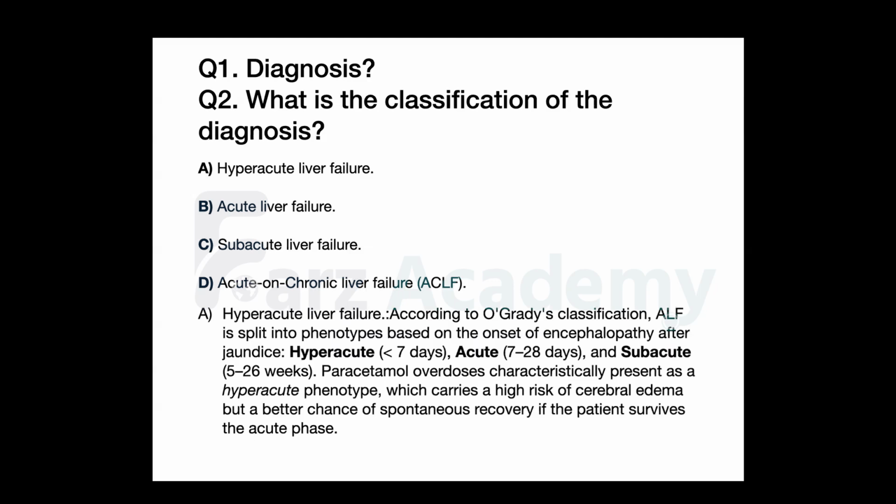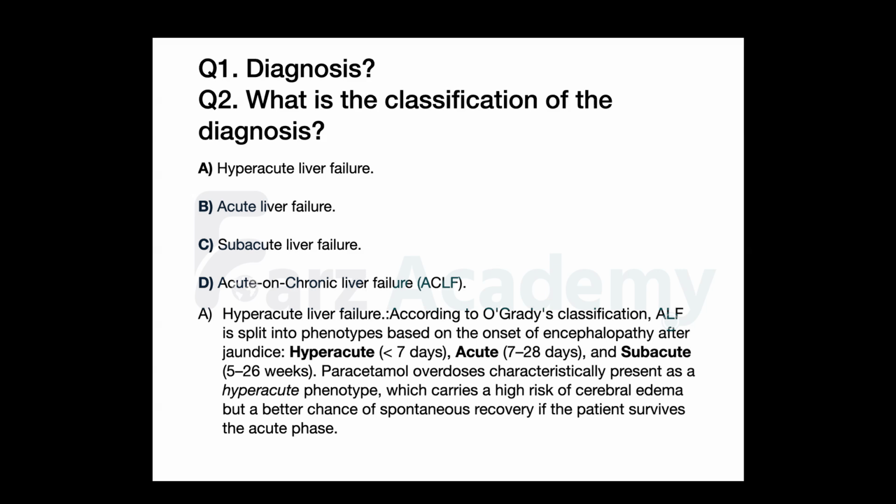So the answer is this is a hyperacute liver failure. That's true. But there is a classification which you need to know. It's called O'Grady's classification, where it is split into phenotypes based on the onset of encephalopathy after jaundice.